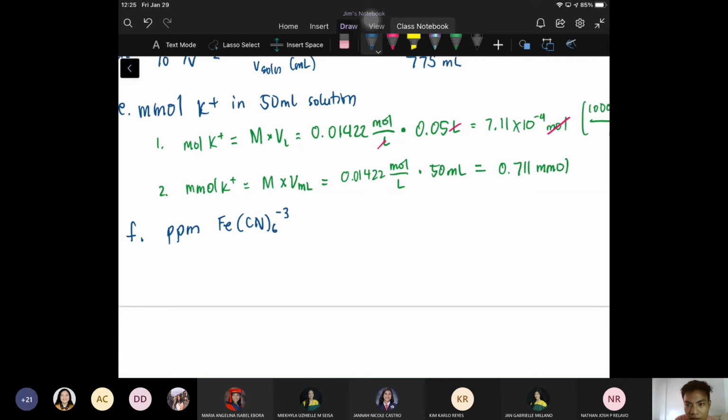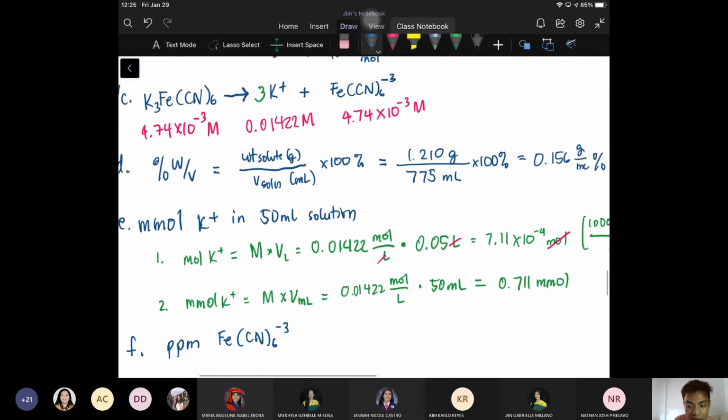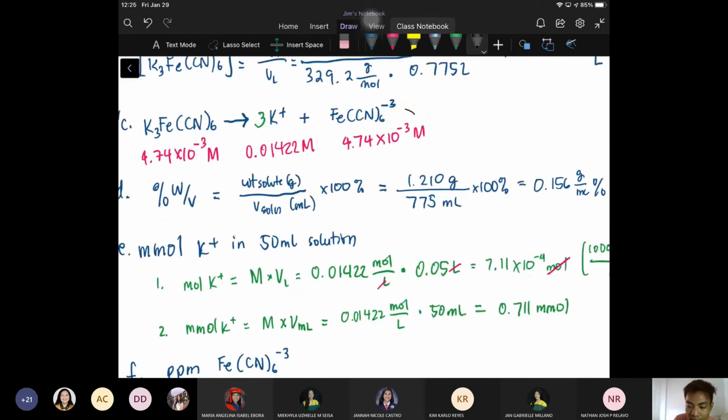So, do we have an idea already about the amount of FeCN6 sa solution? Yes. Asan yun? Ito. So, we have the molarity of FeCN6 na yun. No? So, basically, this is another conversion of 1 unit to the other unit.